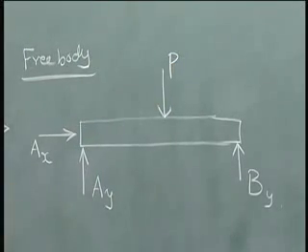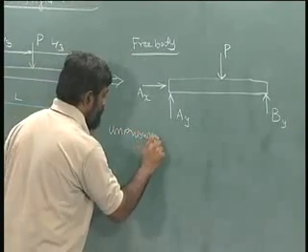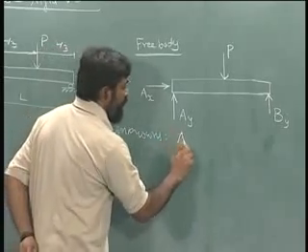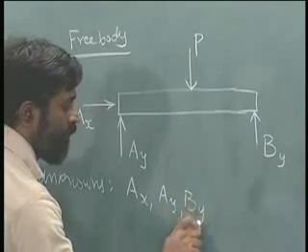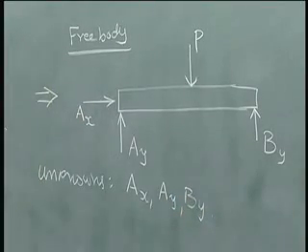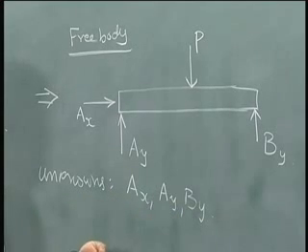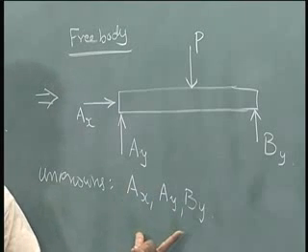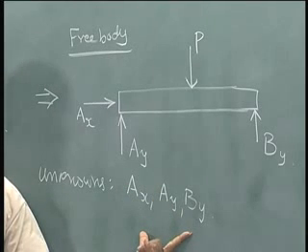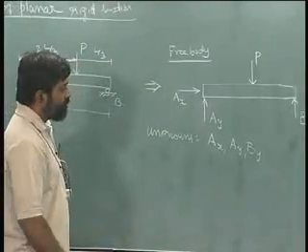So let us examine the number of unknowns. Ax is an unknown, Ay is an unknown, By is an unknown. Given P, we need to find these. How many equations can we generate? There are 3 equations we can generate, which means that we will be able to solve this problem completely. Okay. So let us try to solve this problem.